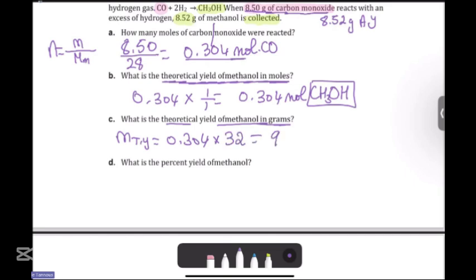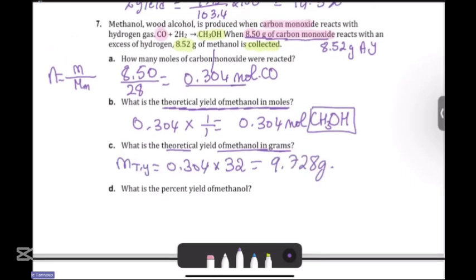So the final answer is 9.728 gram. That's the theoretical yield. And the actual yield is this one. Here's the actual yield. So 8.52 over 9.728 times 100.